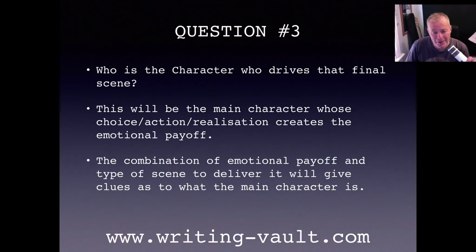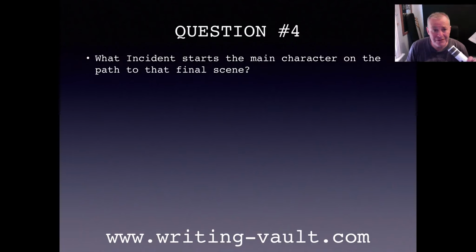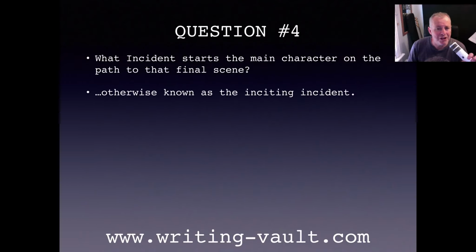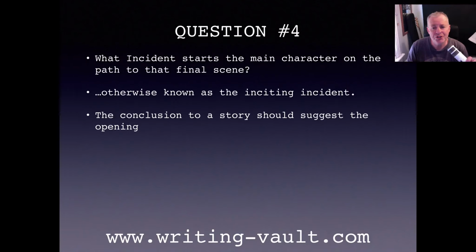Question 4. What incident starts the main character on the path to that final scene? Now, you probably are familiar with this term, but that's otherwise known as the inciting incident. And in good stories, the conclusion to a story should suggest the opening scene or the inciting incident.